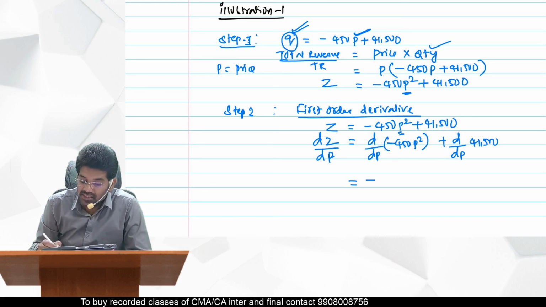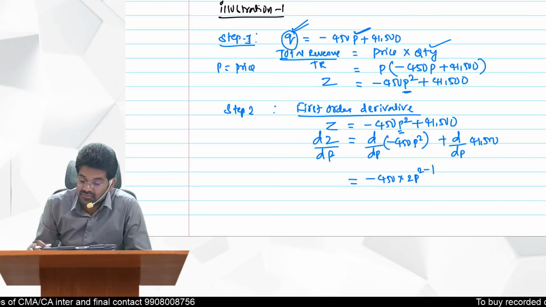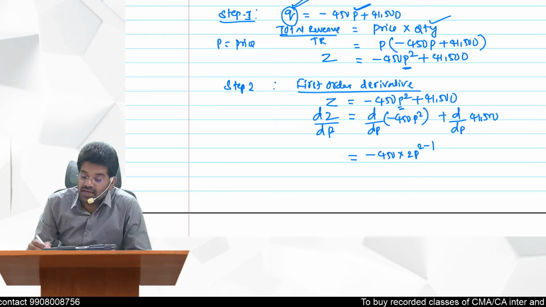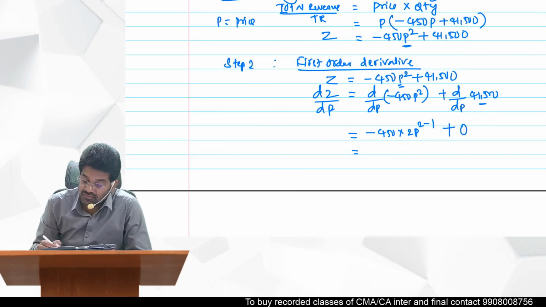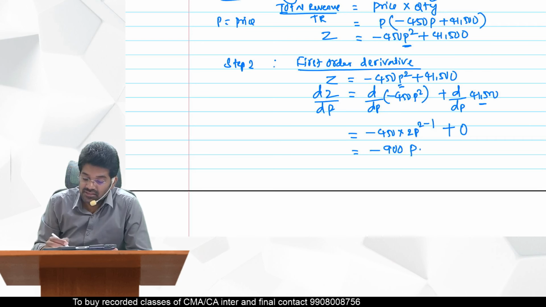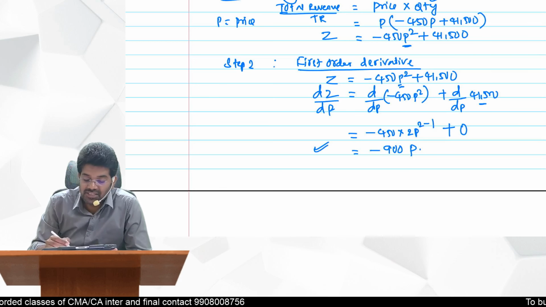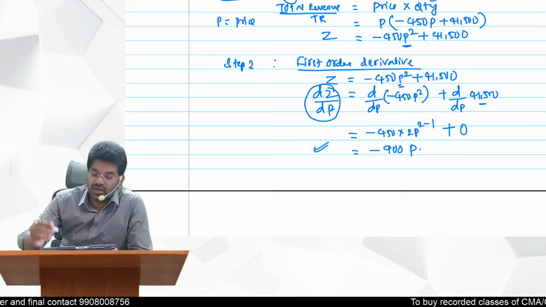So minus 450 into 2 power 2 into p power 2 minus 1. This one is d by dp of a constant, so 0. So this is minus 900p. So dz by dp is equal to what? So your MR is equal to minus 900 into P. This only we call MR because this is the first derivative of your equation. So minus 900P is the first order derivative we got.